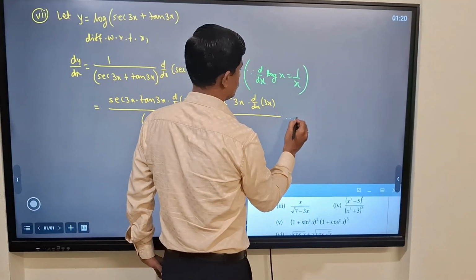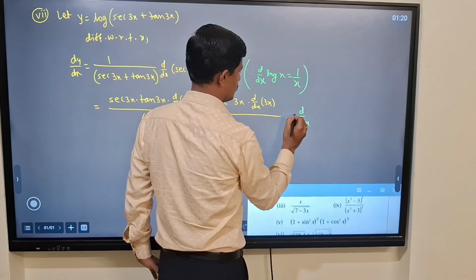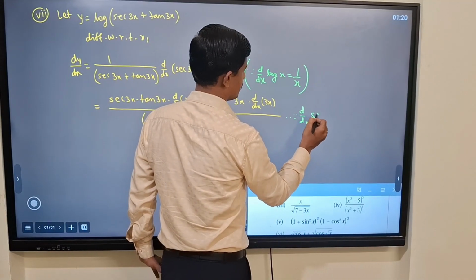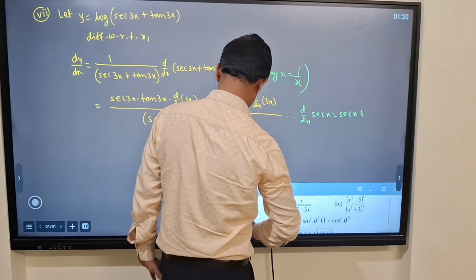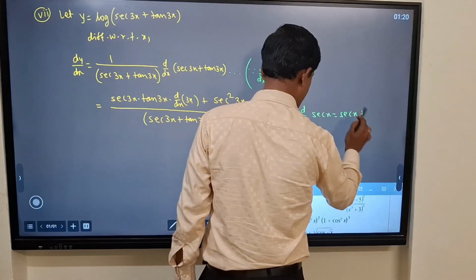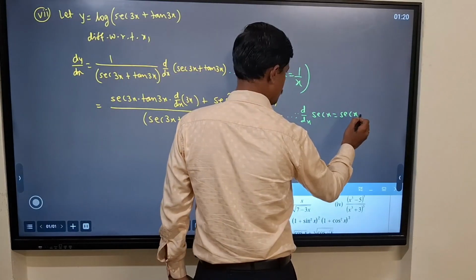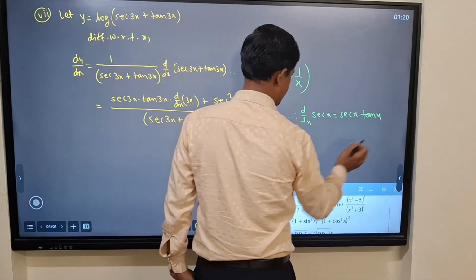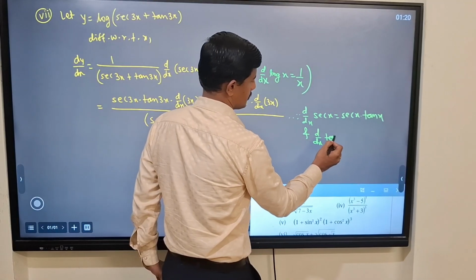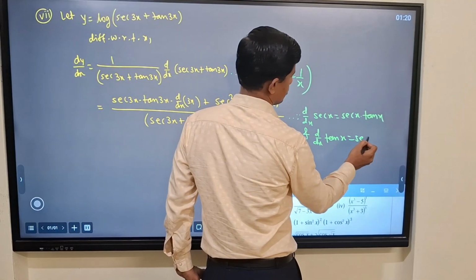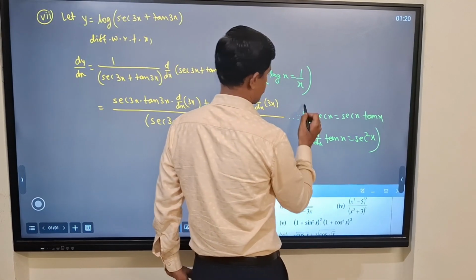So here we used differentiation of sec x is sec x into tan x, and d dx of tan x is sec square x.